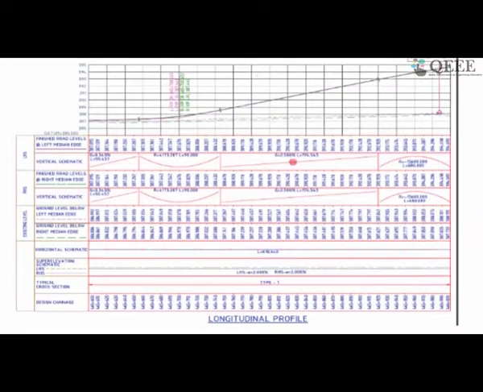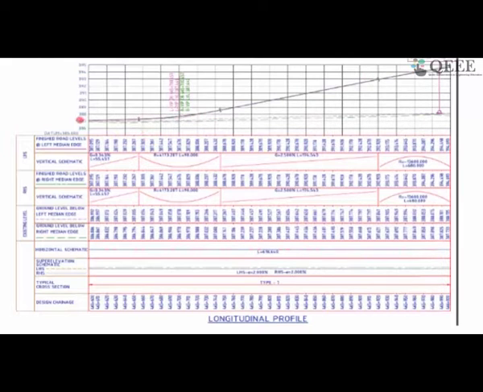If it doesn't meet a certain stopping sight distance or other sight distances, or if there is some issue, it's going to give you a warning, and to take care of the warning you need to know the design. So this is the vertical profile of the horizontal alignment, the same one.